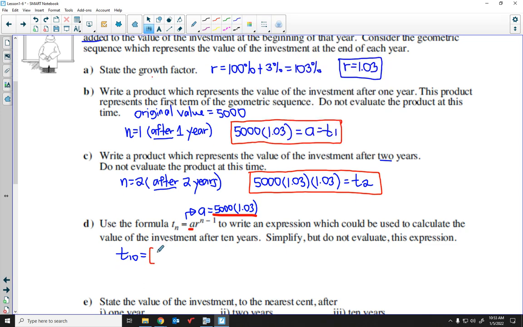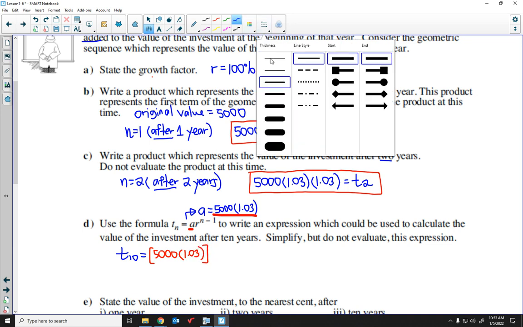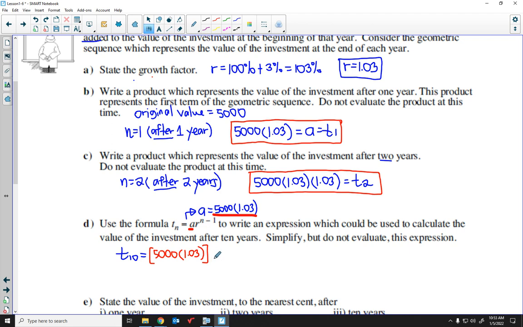Okay, so the value of A would be 5,000 times 1.03. Then the value of R would be 1.03. And we're going to raise this to the power of 10.